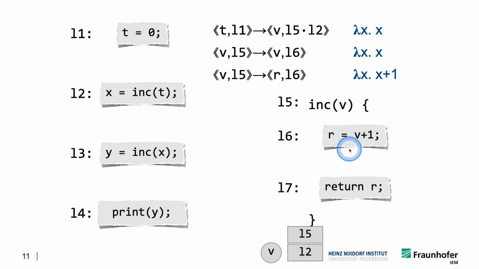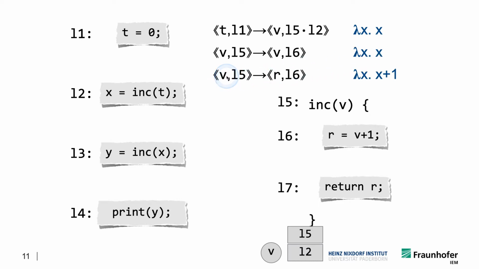v is not changed, right? And the fact that the numeric value also is really not changed is denoted by that particular function here. I'm seeing that I made a mistake on the slide. This should still be 0, right? I don't know what happened there. So this here is the identity function.